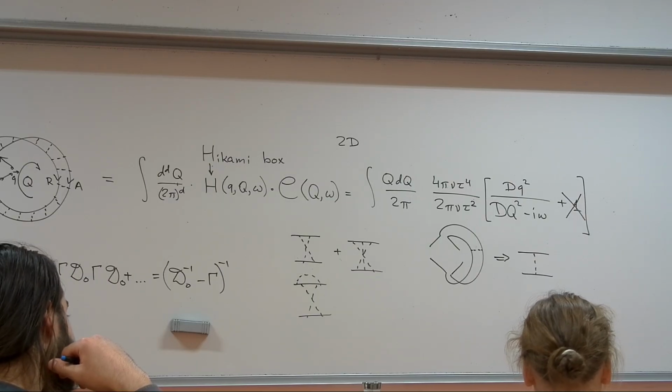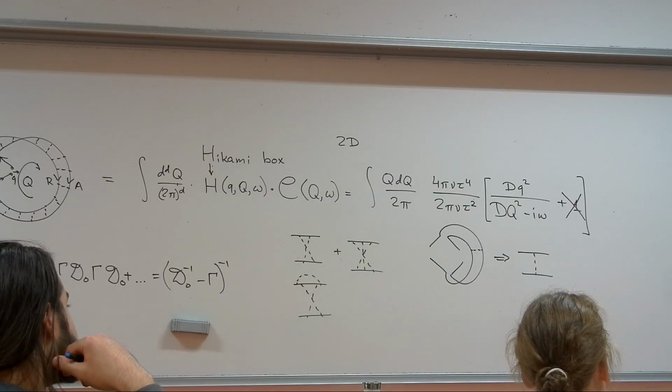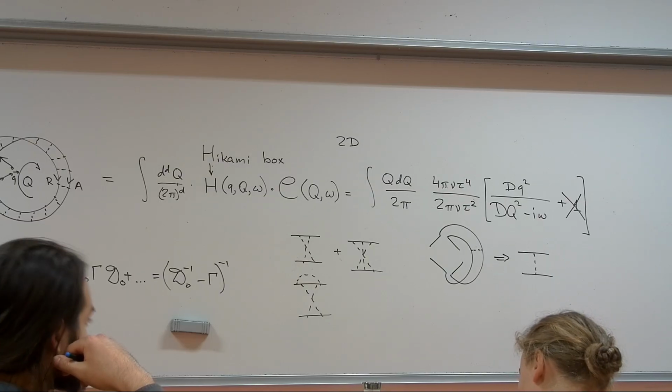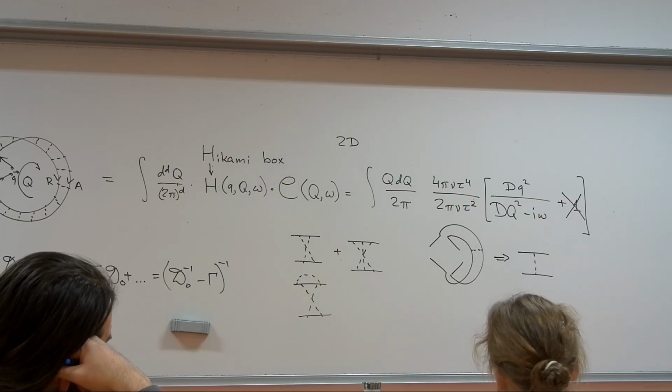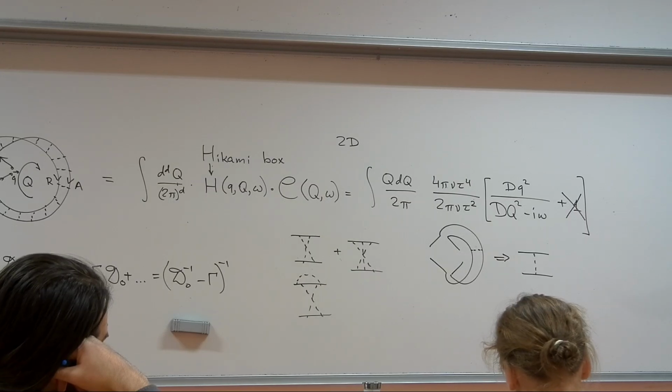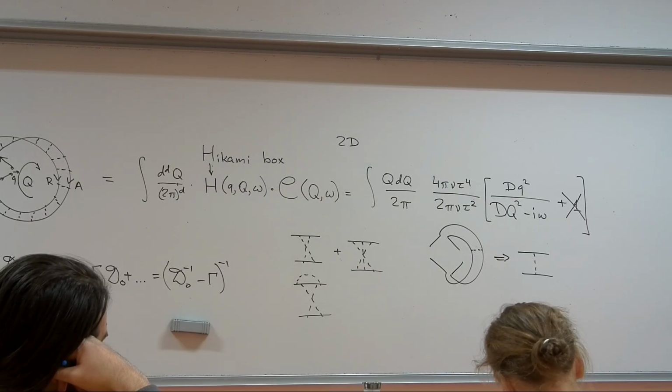And then we say, okay, let's sum up all the diagrams which do not have these crossings. They are all of the same order. You cannot just take the second order or the third order. You should add all of them, as long as they do not contain any crossings.